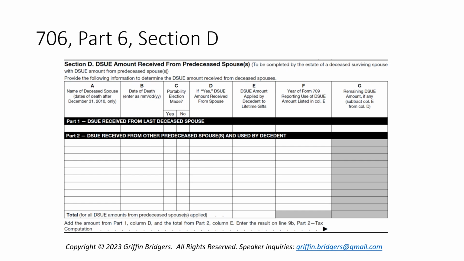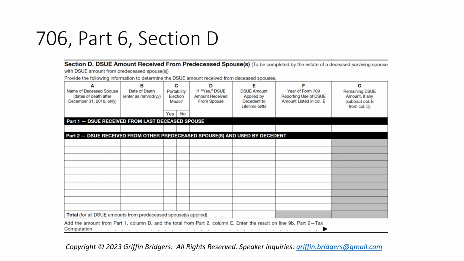Remember that rule I mentioned where you lose the DSUE once you remarry and your new spouse dies? Well, guess what? That doesn't apply to any DSUE that was actually applied to lifetime gifts before the death of the second predeceased spouse, which makes sense, as I mentioned in a prior part, because the use of that as applicable gift tax credit carries over to the 706 as applicable estate tax credit, since you have to report those adjusted taxable gifts on your 706.